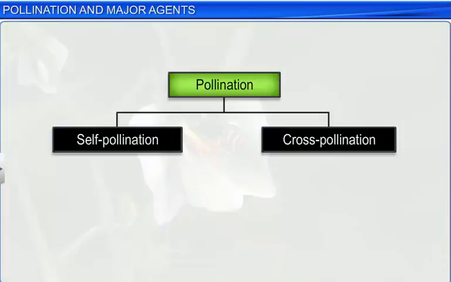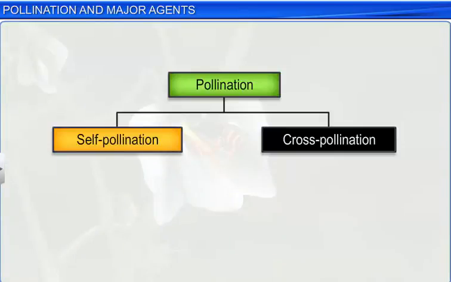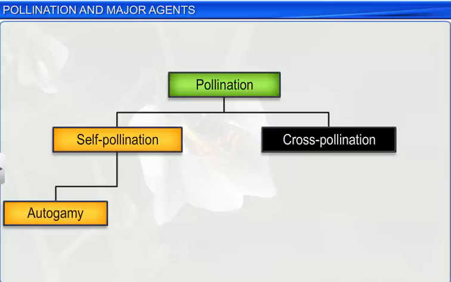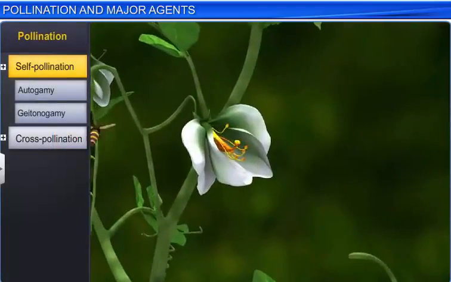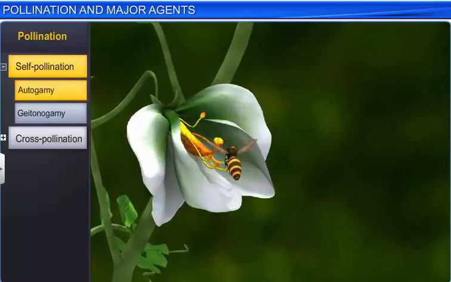In plants, self-pollination can occur either through autogamy or geitonogamy. In autogamy, pollen is transferred from the anther to the stigma of the same flower.